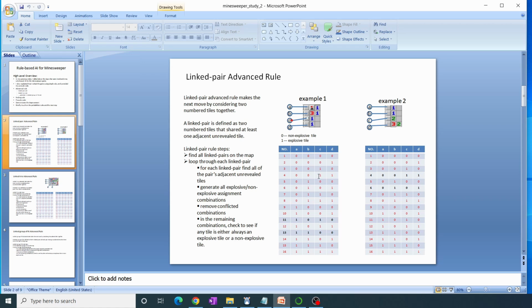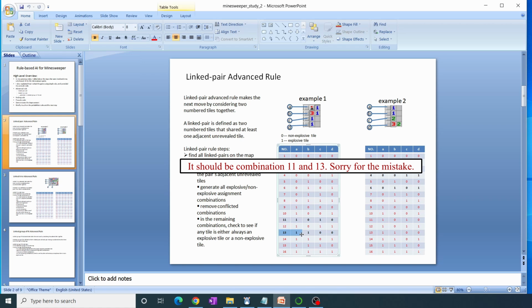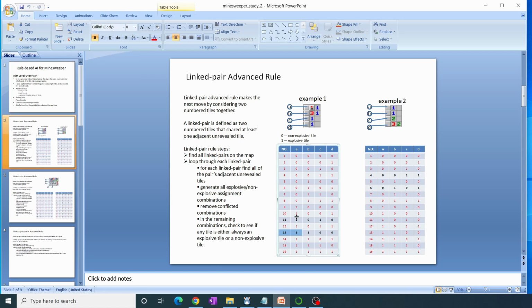We can then mark combinations that do not satisfy this criterion red. Combination 11 and combination 16 are the only two remaining. In these two combinations, tile A is always an explosive and tile D is always a non-explosive. And that's how we are sure tile A and tile D can be solved.